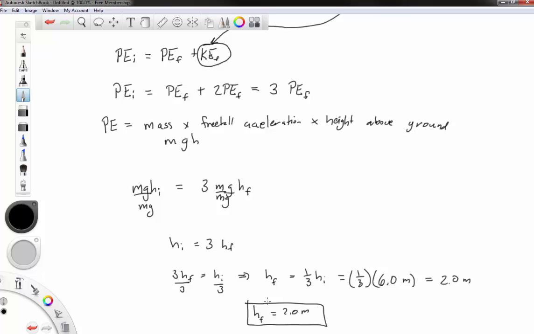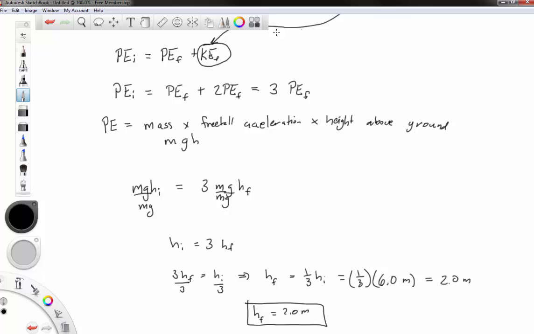Notice, by the way, that having solved out all of this, we can relatively quickly solve for additional questions like at what height is the kinetic energy 5 times the potential energy? How would we do that quickly?